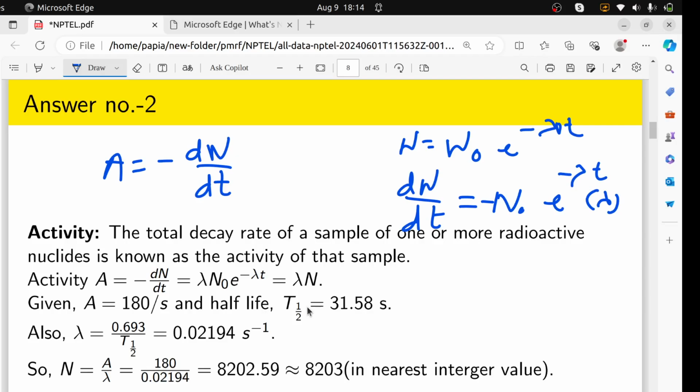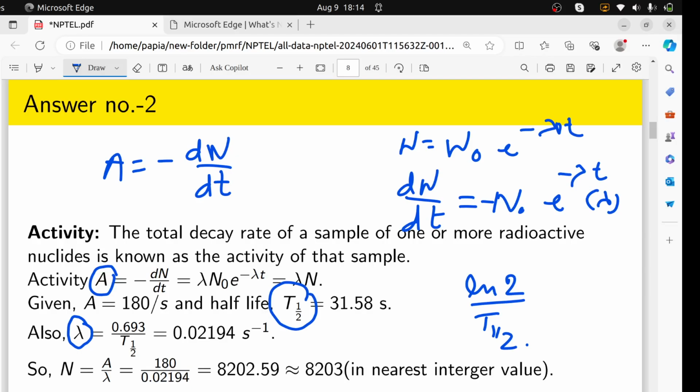So lambda is how much? Lambda is 0.693 divided by T half. It is nothing but ln2 divided by T half. So you can see our A is given, our T half is given. From T half we can get the value of lambda by taking 0.693 divided by T half.